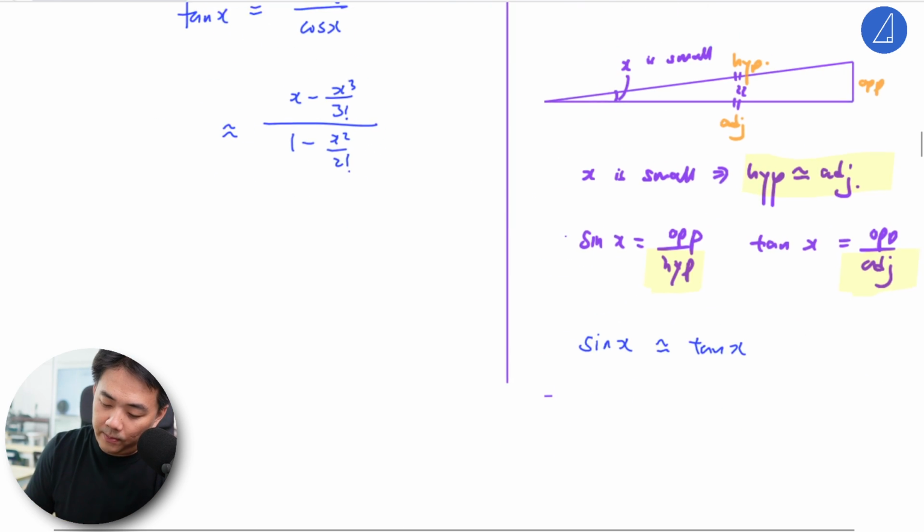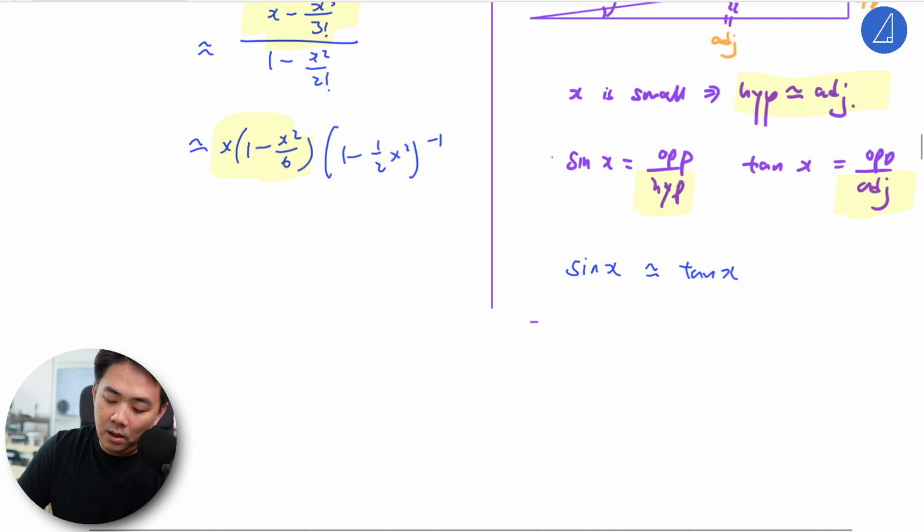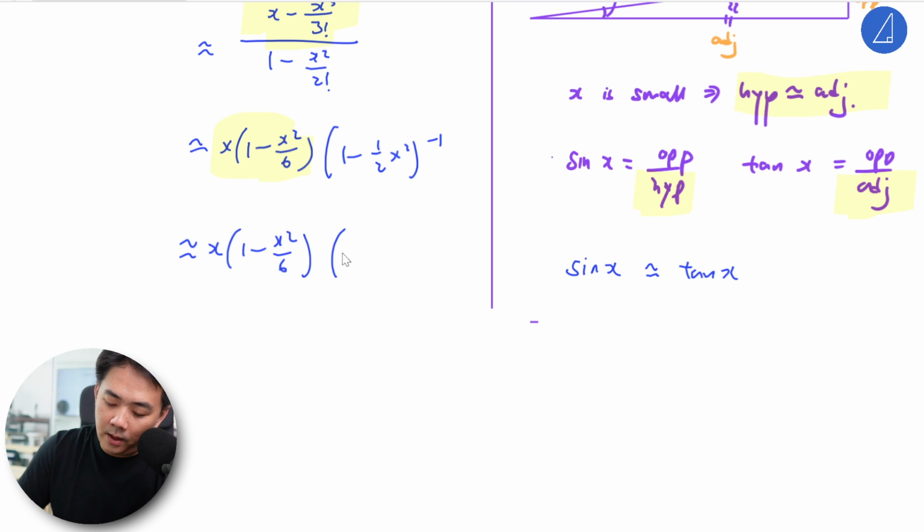Then you need to apply this. The top is roughly x times 1 minus x squared over 6, right? For the bottom, you take 1 minus half x squared, minus 1, then expand the power series and so on, giving 1 plus half x squared.